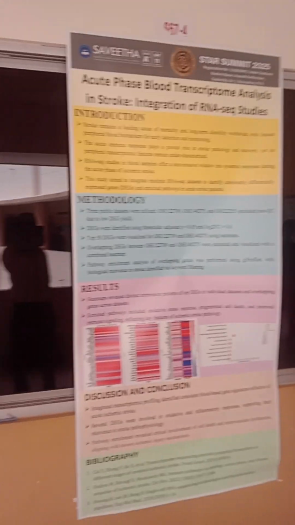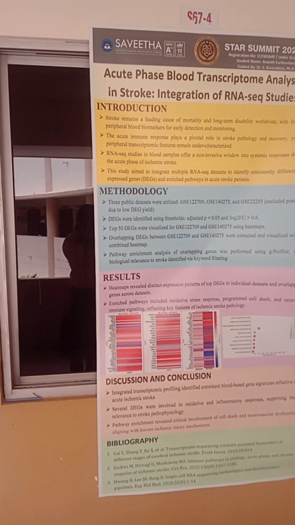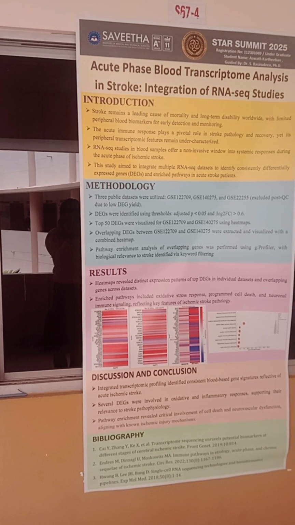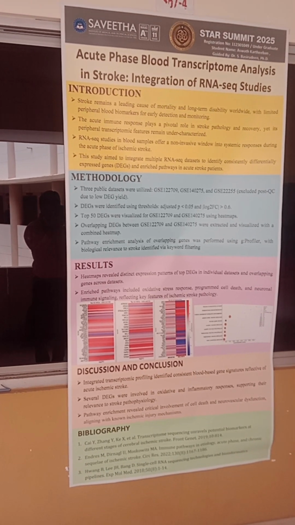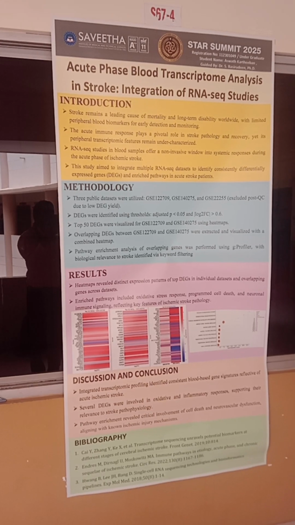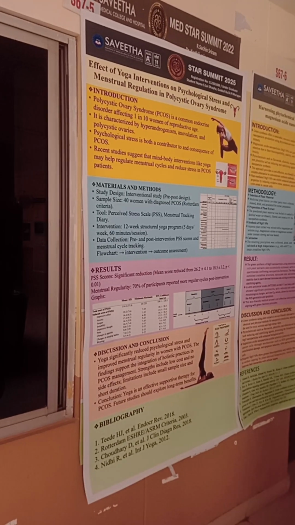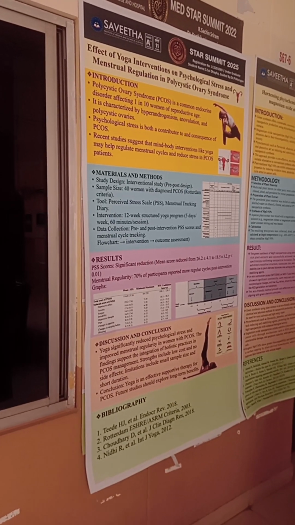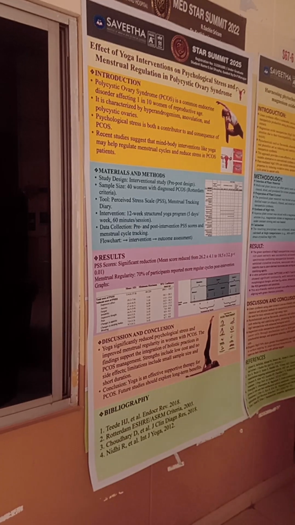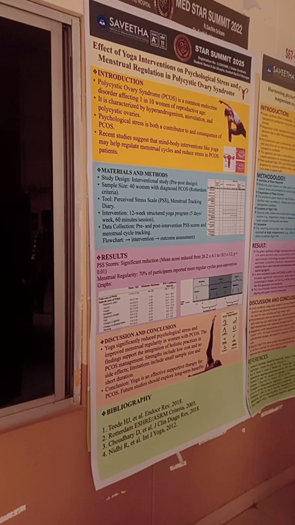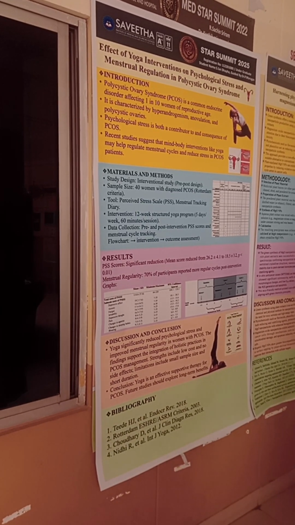Acute phase blood transcriptome analysis in stroke, integration of RNA sequence studies by Ashwath Kartiban. Effect of yoga interventions on psychological stress and menstrual regulation in polycystic ovary syndrome by Sai Daiha.